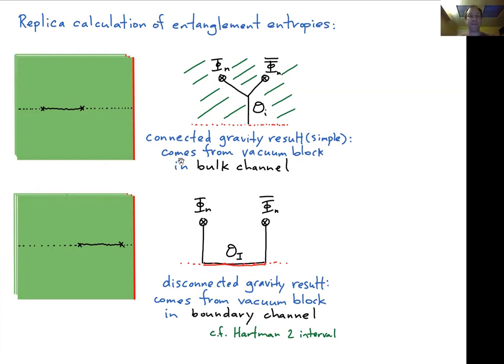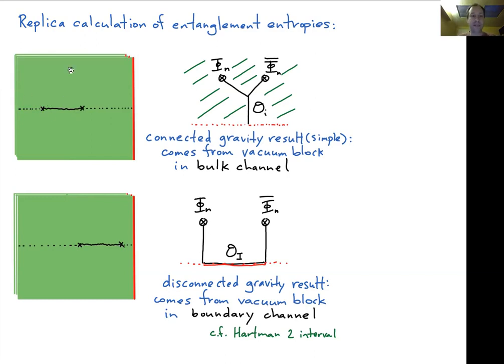And if you're familiar with these things, then there's some replica trick calculation that you can do. So you start with the Renyi entropies and then take a limit as n goes to 1 to get entanglement entropy. To calculate the Renyi entropies, that corresponds to calculating the partition function of your CFT on some multi-sheeted surface where the sheets are glued along a cut, which is the region that you're interested in.